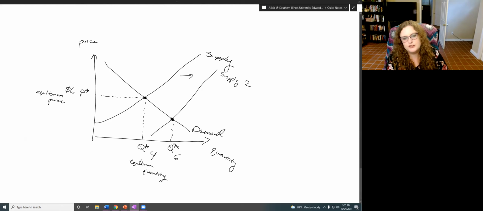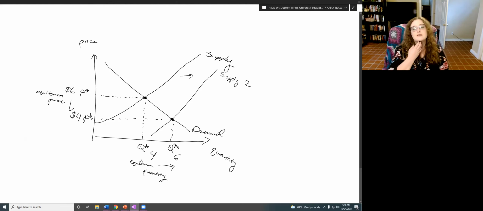Maybe instead we'll produce 6 lattes. And so we increase the quantity. And let's look at what happens to price. Well, if we take it over to price, now that we can produce a lot of lattes for cheaper, and now we're producing 6 lattes, maybe they pay us $4 for it. And that's our new price equilibrium, the six coffees for $4 instead of 4 coffees for $6.